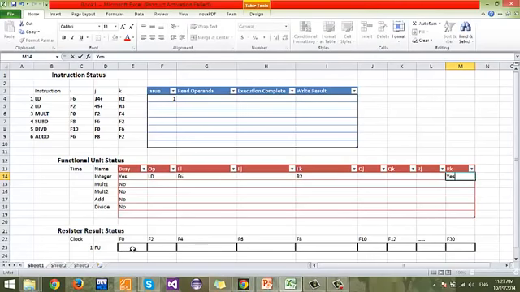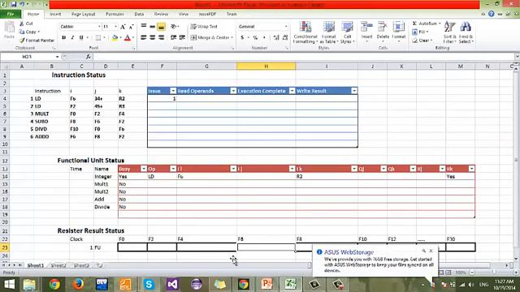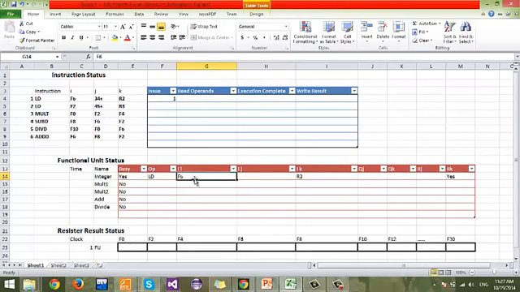And what will happen to register result status? It contains which functional unit is going to write to one of these registers. Fi is F6, the destination register. Here we have to keep in mind that these destination registers will be F0, F2, F4, F6.